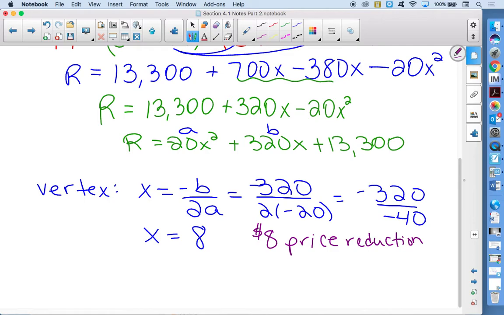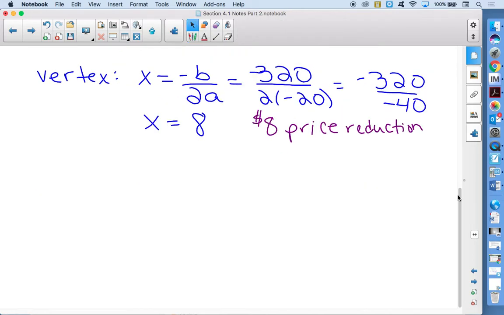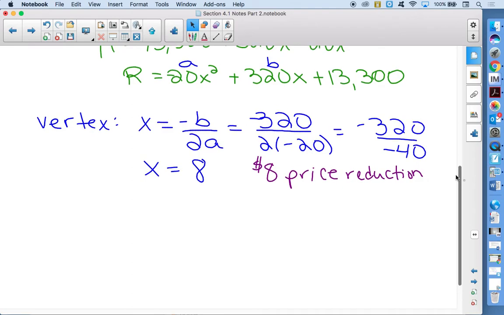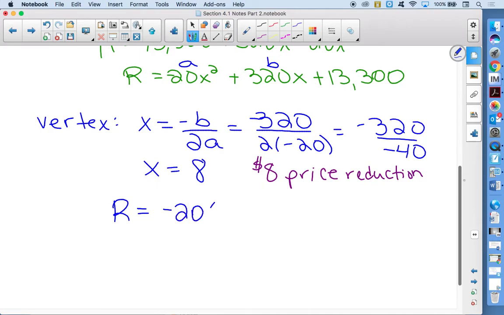But how much extra money would we be earning if we reduce the price by $8? To find that, you would take the 8 that you just calculated and plug it back into our equation. So negative 20 times 8 squared plus 320 times 8, and then plus 13,300.